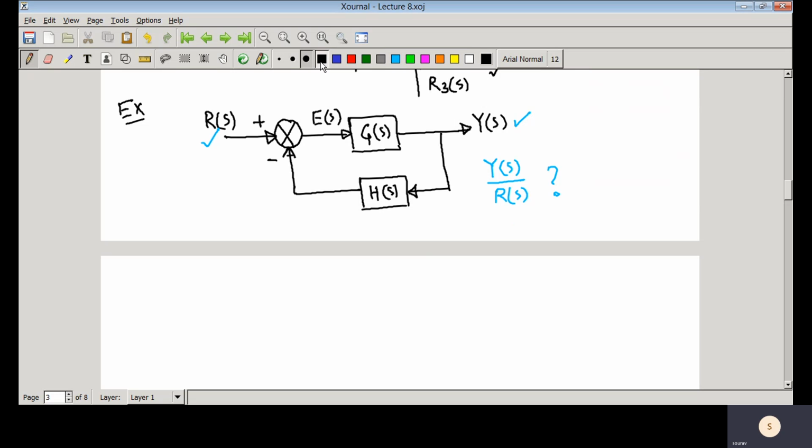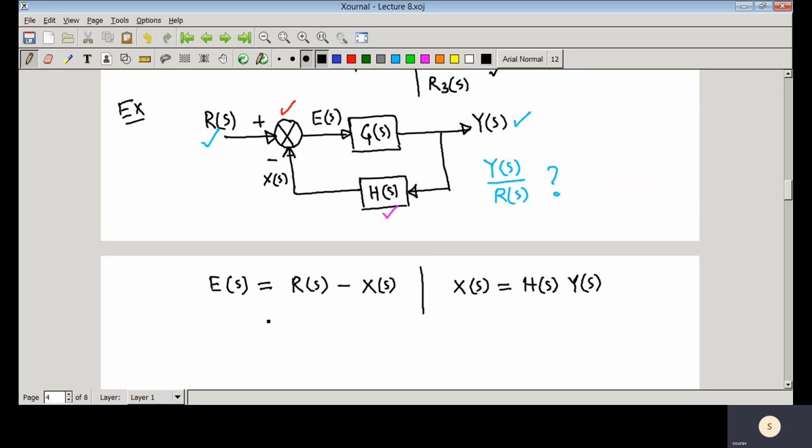So you can see here that E(s), that means if you see the comparator here, in case of this comparator, E(s) equals R(s) minus, so this signal, suppose this is X(s), so R(s) minus X(s), and then this X(s) is equal to, so here you can see that the output equals H(s) into Y(s).